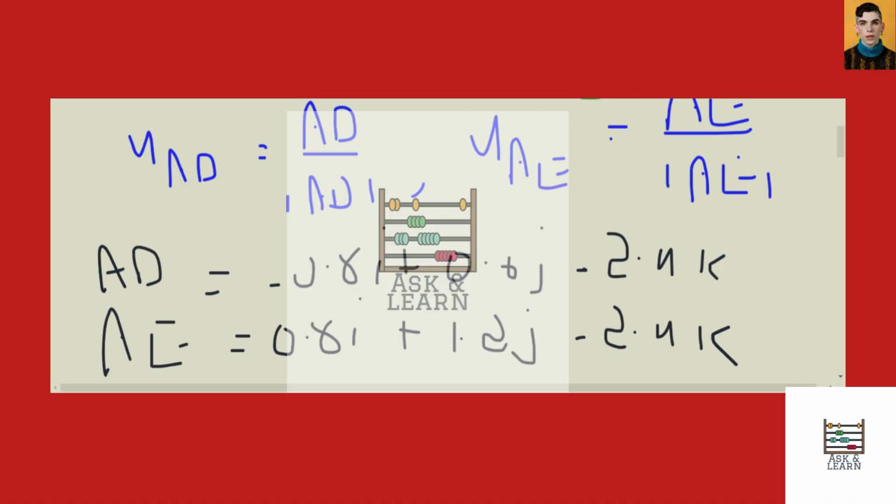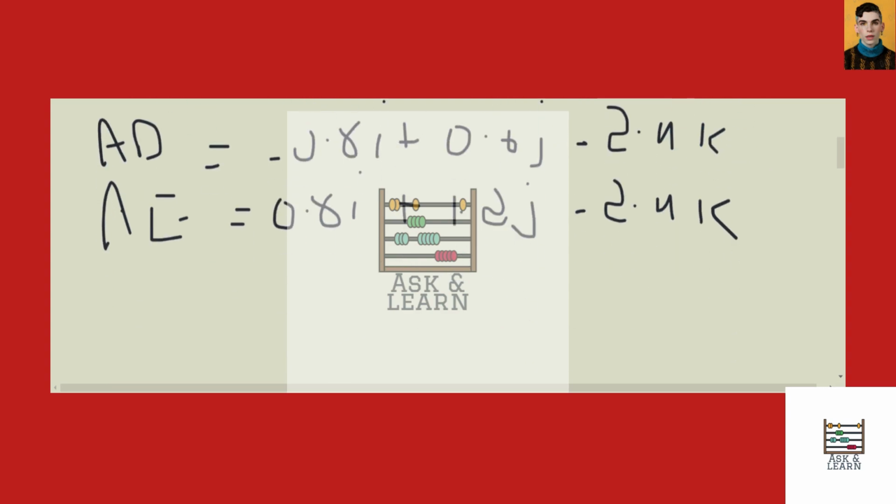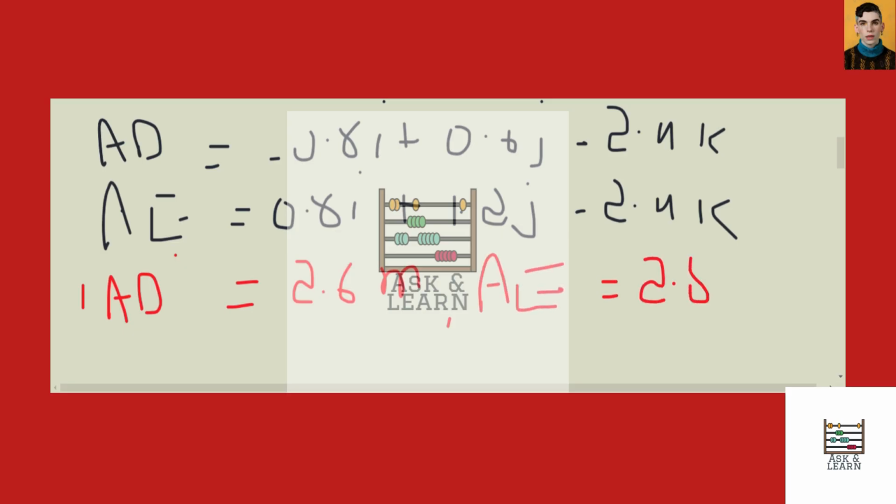Moving further, the length or the magnitude for both these can be found as AD is equal to square root of 0.8 square plus 0.6 square plus minus 2.4 square, which gives the answer 2.6 meter, and similarly AE is equal to 2.8 meter.